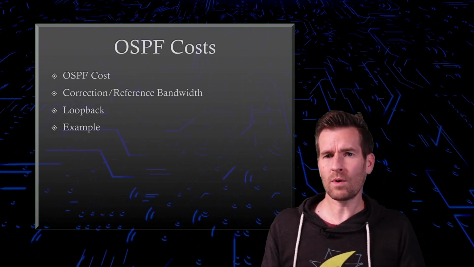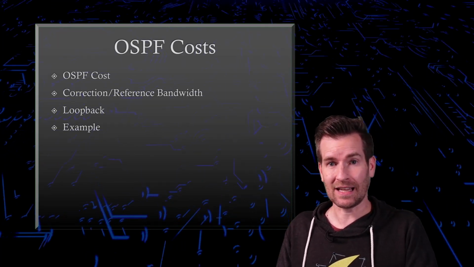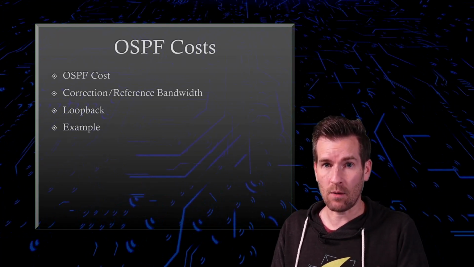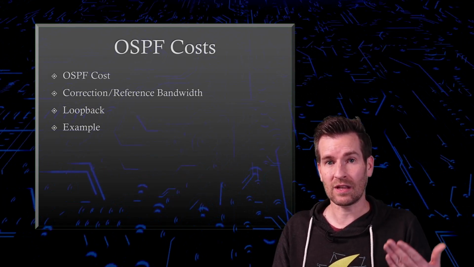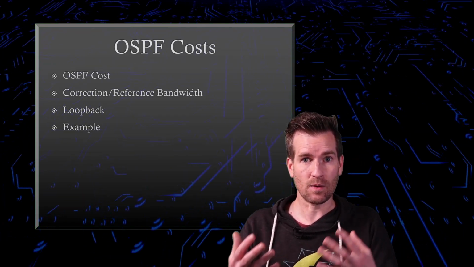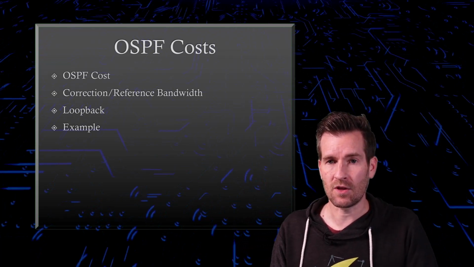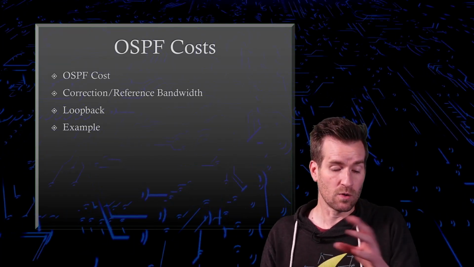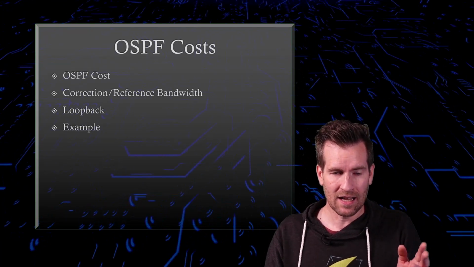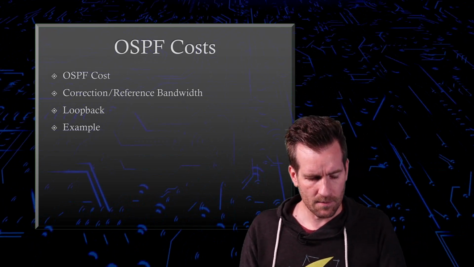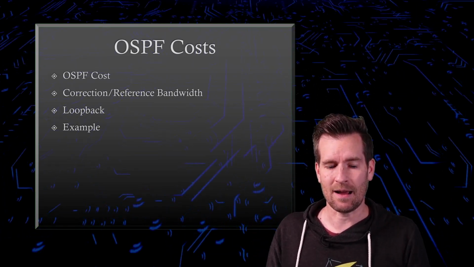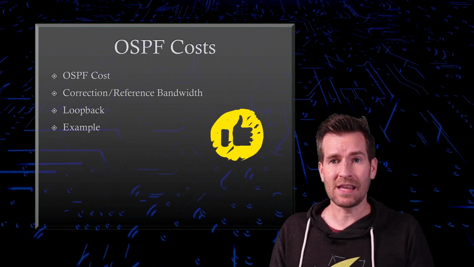We talked about a few different corrections, and the one that I recommend is changing that reference bandwidth so it can calculate the right speeds and the right costs for each of those links. We talked about how loopback is just a cost of one on the router, and then we gave a short example. So there you have it, OSPF cost.